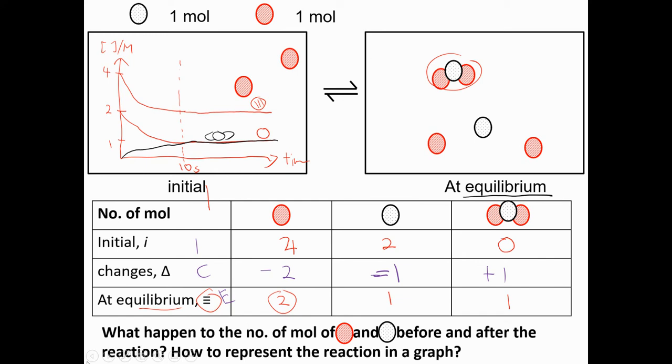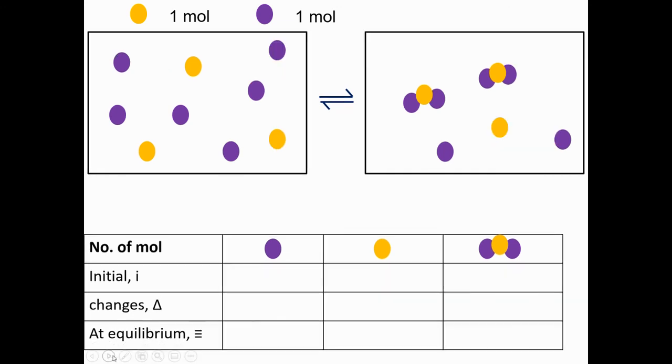Now let us move on to another example. Initially we have, again, 6 purple atoms and 3 yellow, and initially there is no product formed. This is initial, this is at equilibrium.